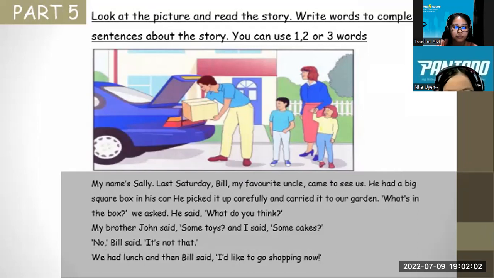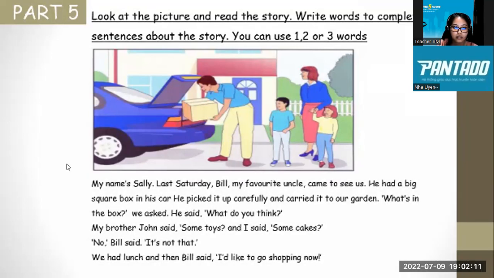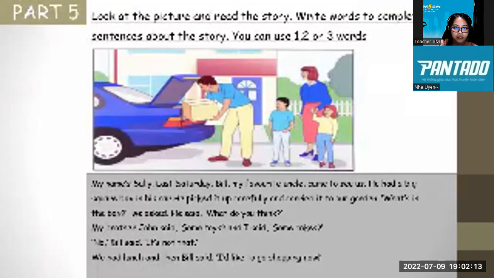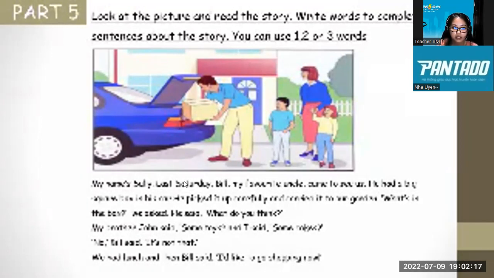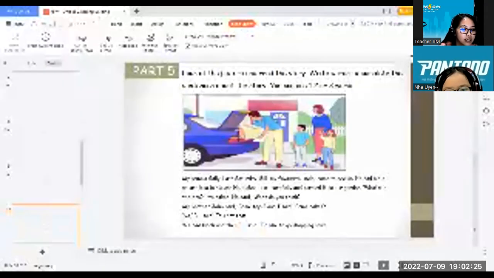I can see the screen. Ah, okay. So maybe I can just send this one to you in Zalo, Uyen. Okay, so here it is.